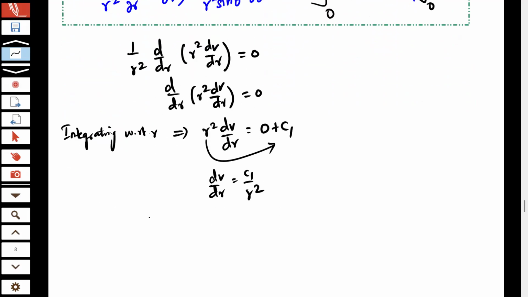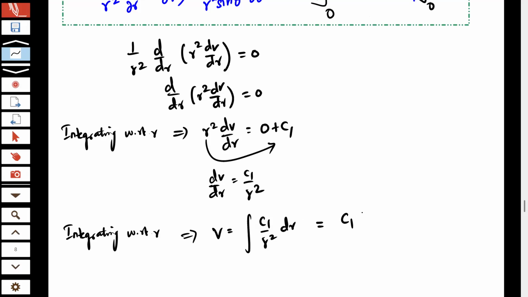Now, one more time integrating with respect to r will give the potential function v. So integrating with respect to r, v equals to integration c1 by r square dr. So that is going to give c1 times integration of 1 by r square, which is minus 1 by r, plus integration constant c2. So voltage is minus c1 by r plus c2.